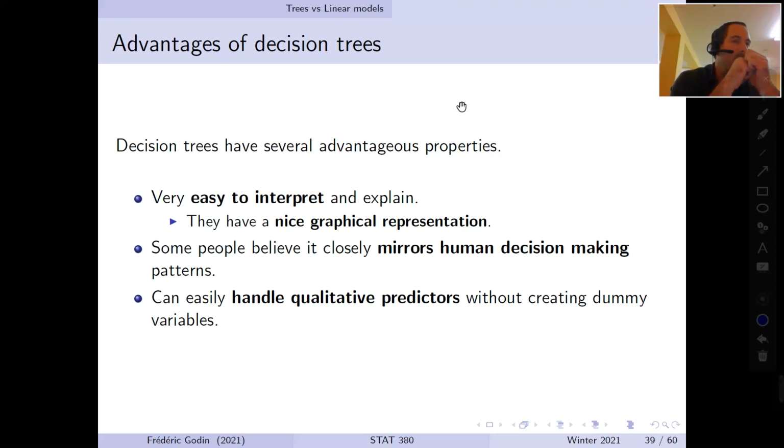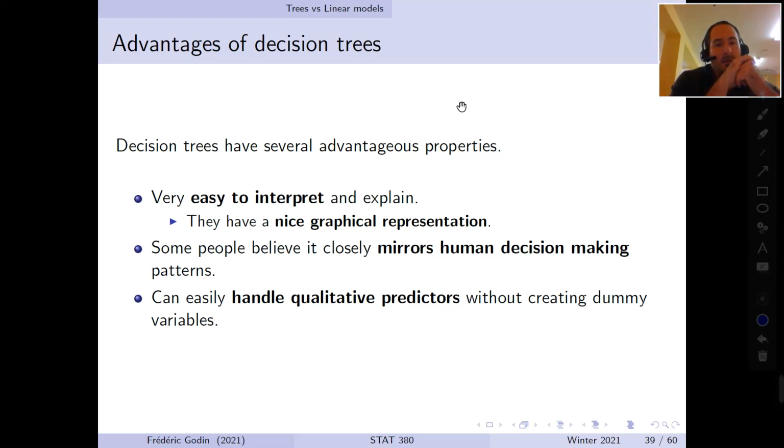If we mentally assign a value for the response, we might think about the most important predictor, check its value, then check other more minor predictors, adjust a bit, and then come up with predictions. For that reason, people think that decision trees closely mirror human decision making, which helps interpreting the results.